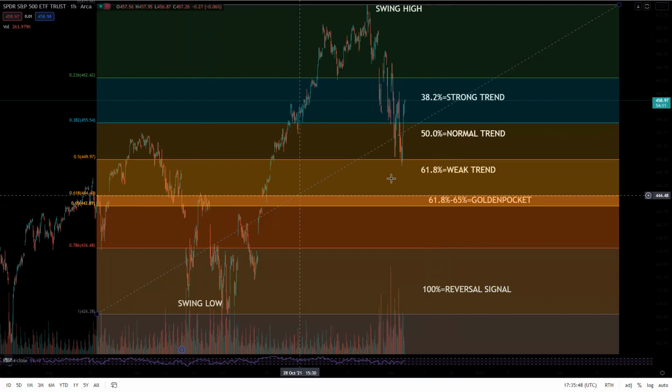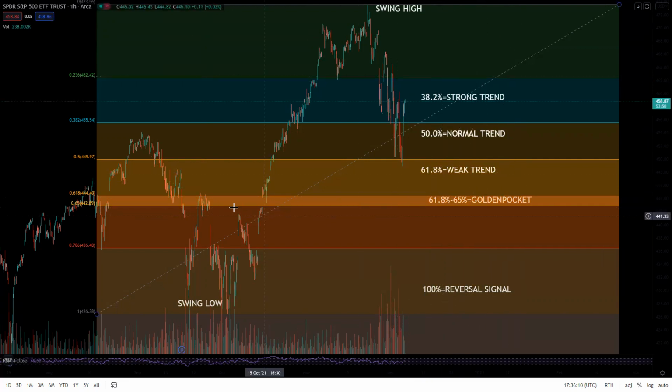The 0.618, the 61.8%, is a weak trend. So basically, if you bounce off of there, then that's kind of a weak trend. So this uptrend isn't too strong. It could die off soon, so you would want to be cautious of that. But it is also the bounce level, so the trend will most likely continue off of that.